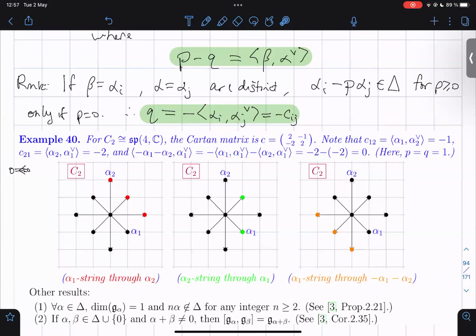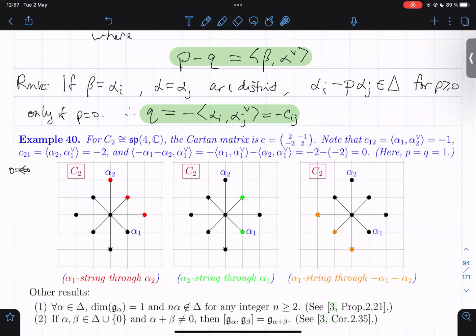So what does this result say there? Let's deal with the alpha1 string through alpha2. So I should be looking at this one. This is -2.